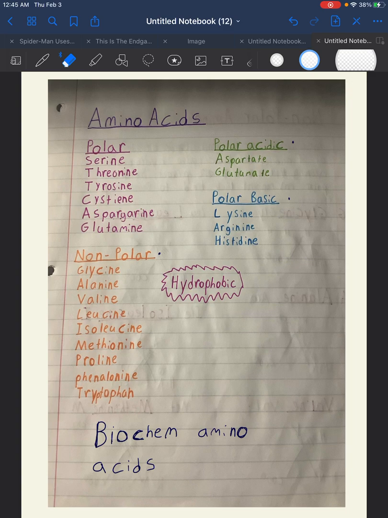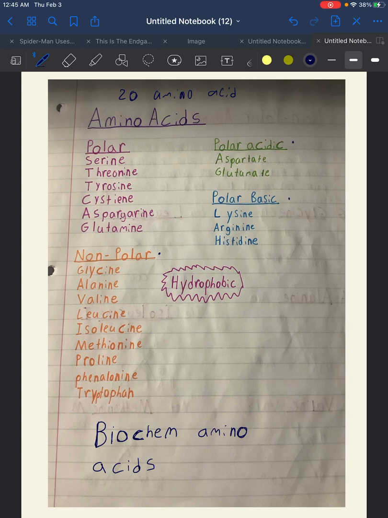So when we're dealing with amino acids, we know there are a total of 20 amino acids we really need to know. Now then, 9 of those amino acids are essential, meaning we have to get them through our diet, and 11 of those amino acids we can produce via bodily biochemical reactions.